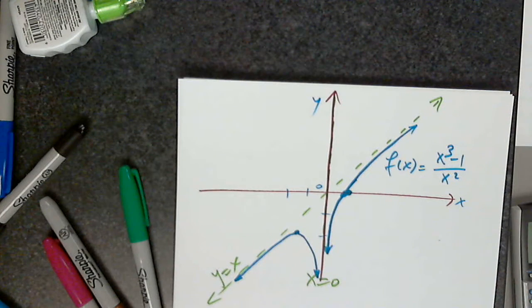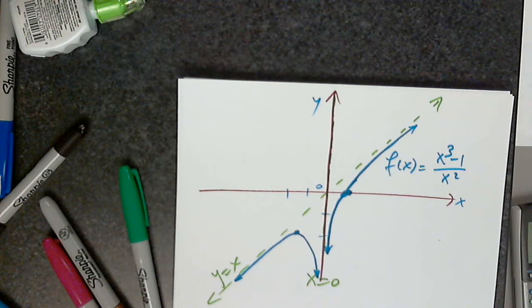And here it comes. And now the slant asymptote is coming. Any questions? So what is different here? Just finding the slant asymptote. Everything else is the same.